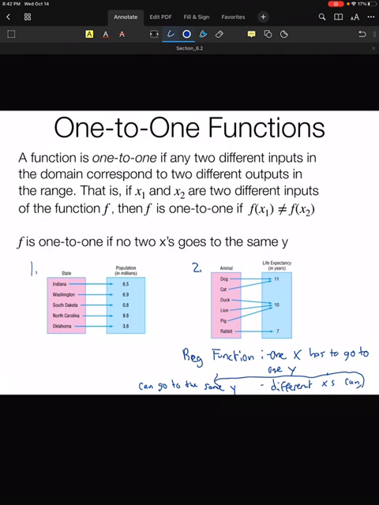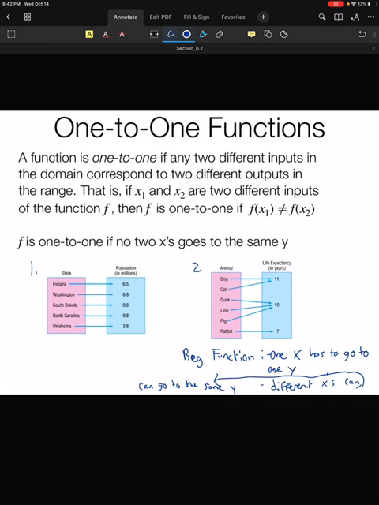That's an example here in number 2. I can't have the same x go to multiple y's. That's a problem, it means it's not a function. For example, if cat went to 11 and to 10 for some reason, then it would not be a function. But all we need is that one x goes to one y.